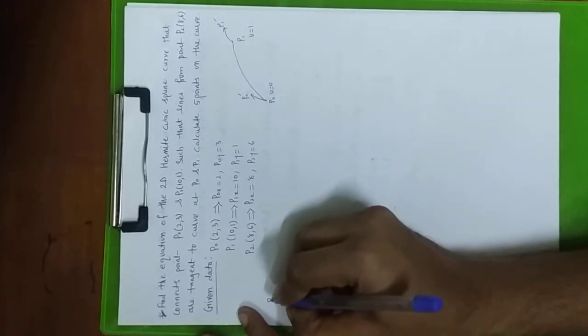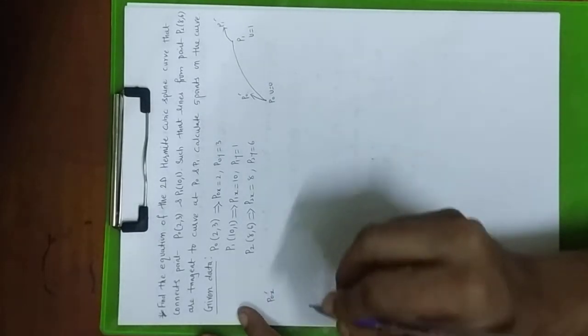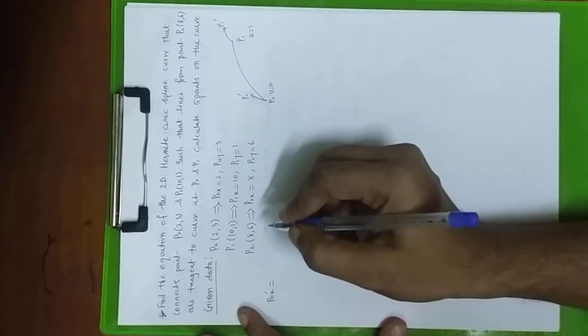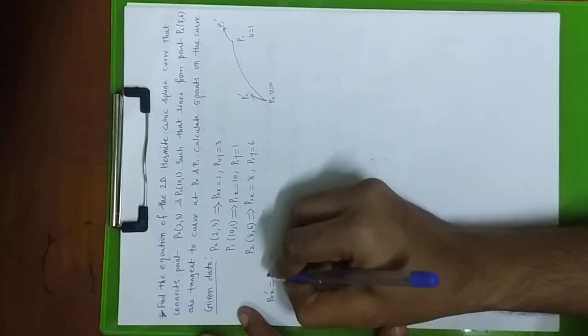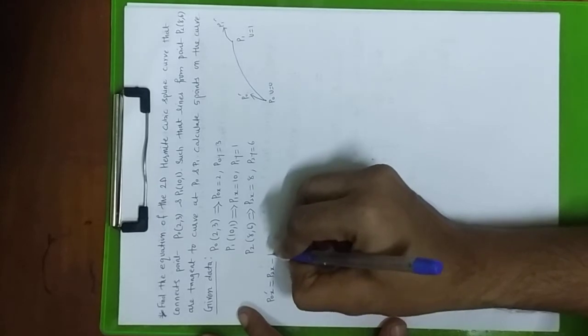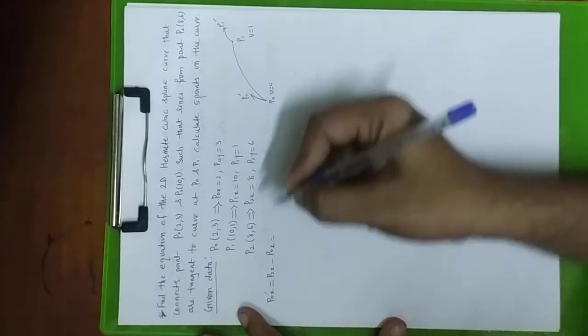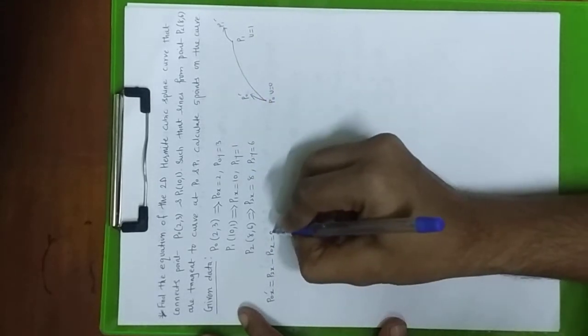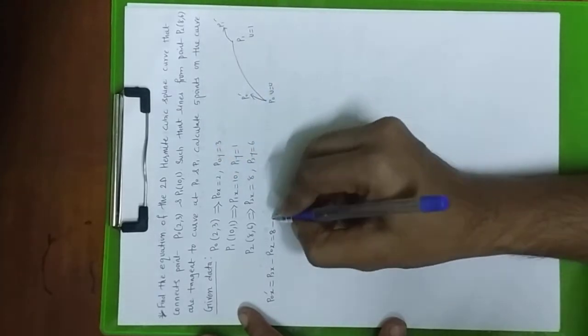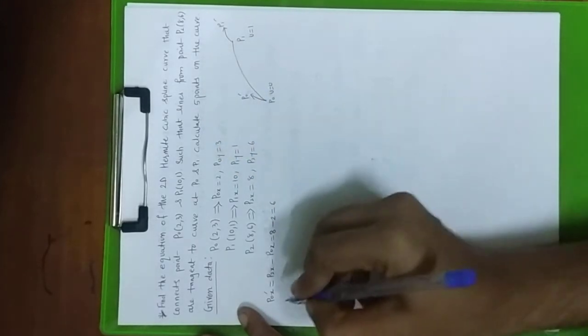So here, if I want to find P0x dash, that will be equal to P2x minus P0x. P2x is 8 minus 2, that is equal to 6.